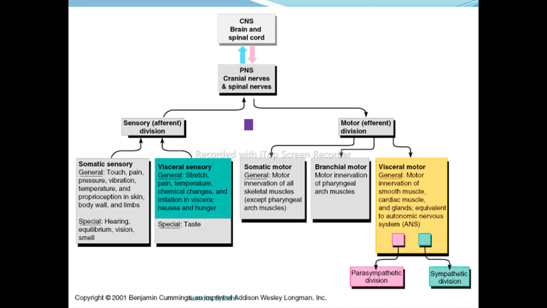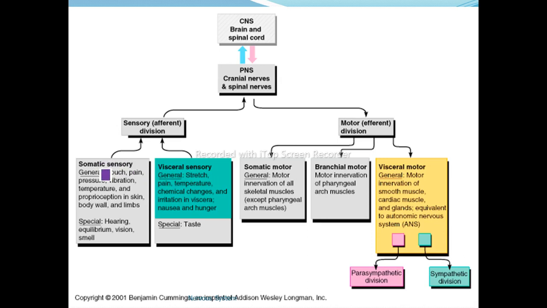So there is the sensory or afferent division and the motor or efferent division. The sensory or afferent division divides into two: somatic sensory and visceral sensory.